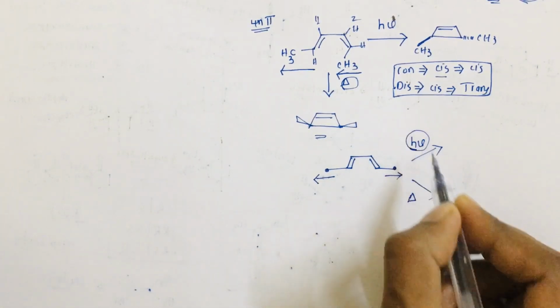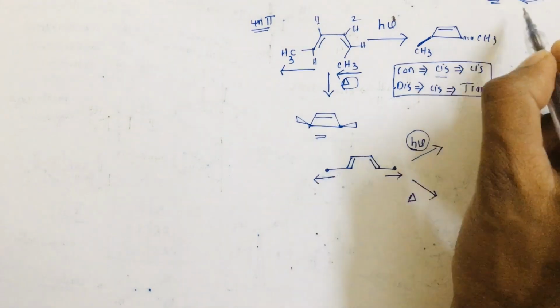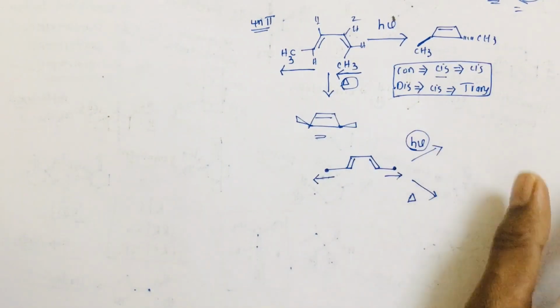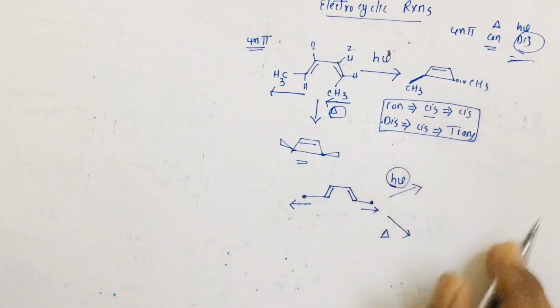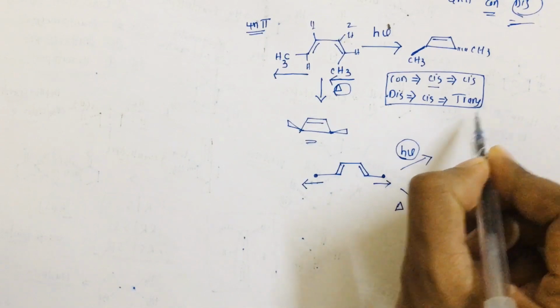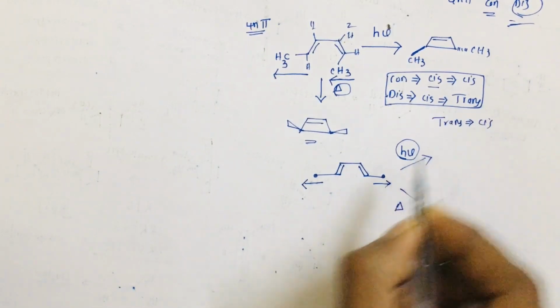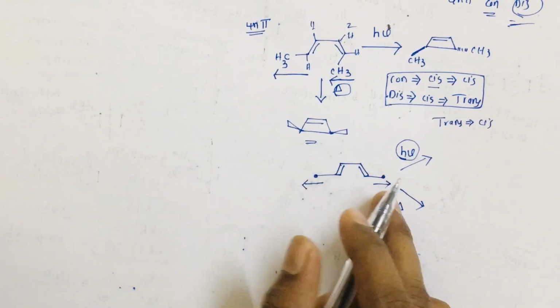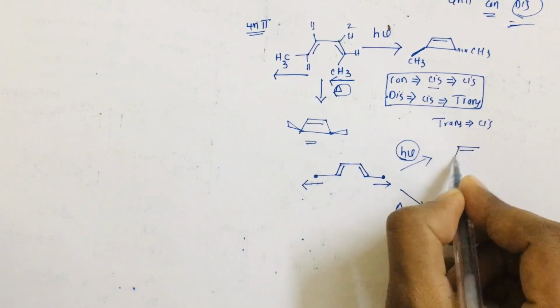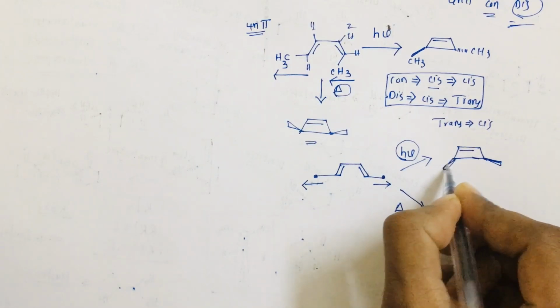When we are doing h nu, under photochemical condition dis is allowed, right? So dis means cis will become trans, and trans will become cis, vice versa. Since these have a trans orientation, in the product they both will come cis.